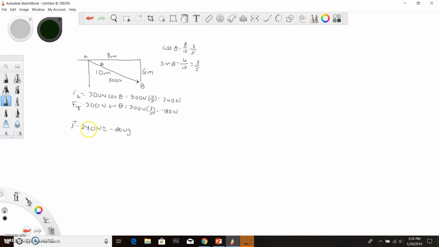That just means I'm going 240 in the x and down 180 newtons in the y. So that is another way that we can figure out what our force components are. Okay, let's take a look at another one.